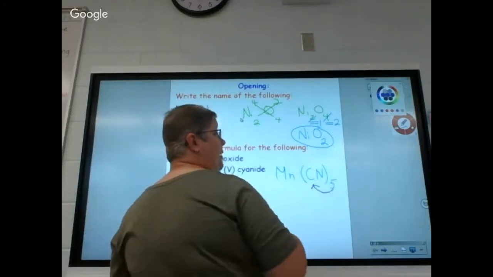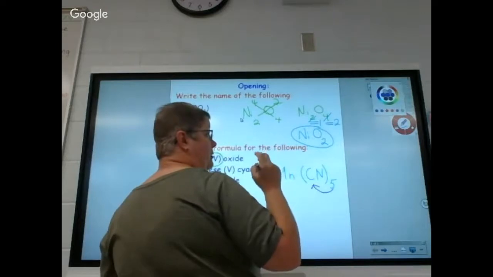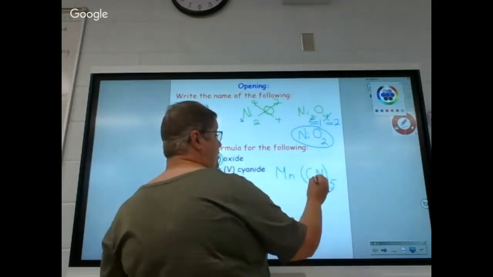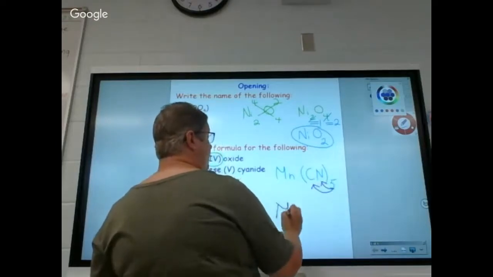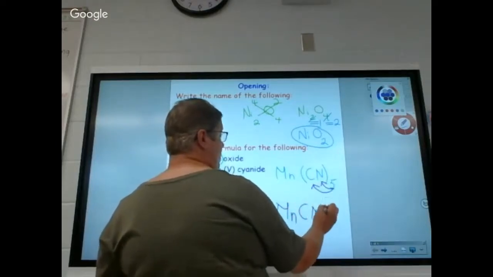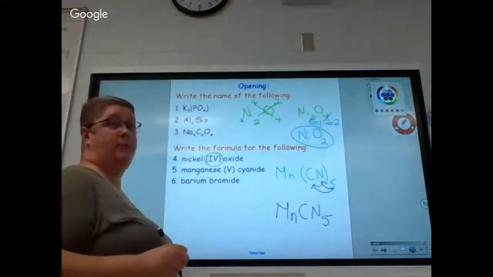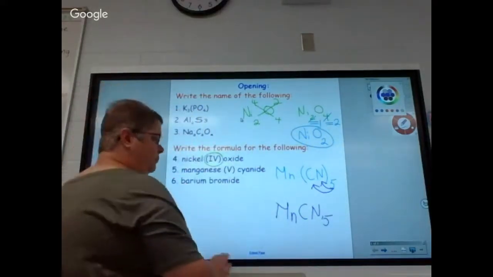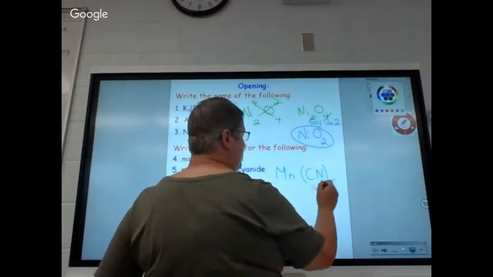Remember what parentheses mean in math class. What do parentheses mean? Multiply and distribute. So there's how many C's and how many N's. But if you wrote the formula this way, how many C's would there be? There'd only be 1, and your mass would be vastly different. So that's why it's important that you make sure you write those parentheses in.